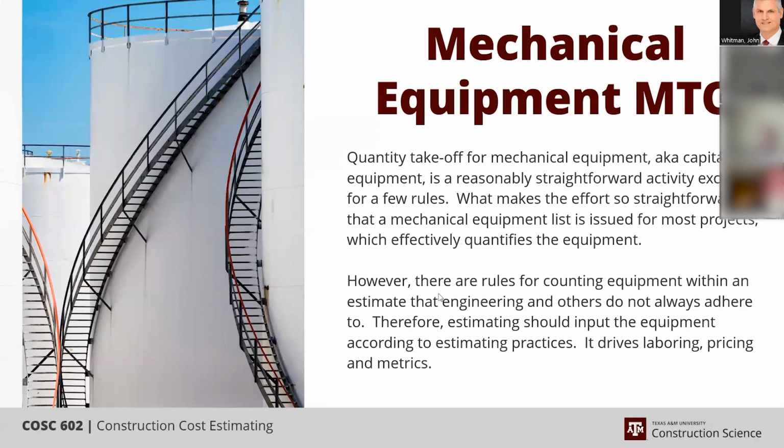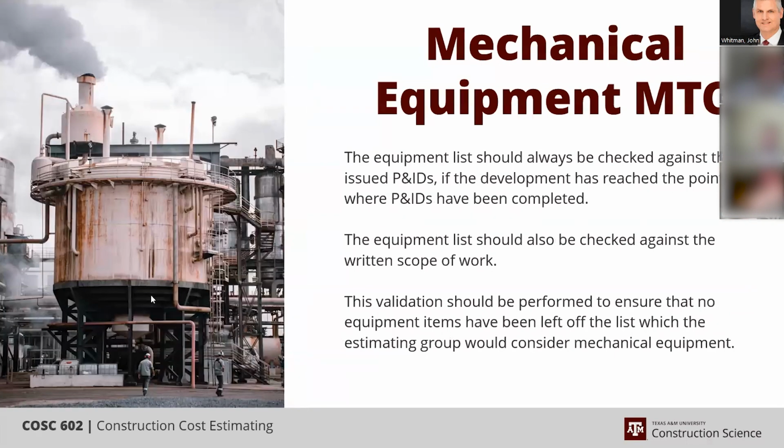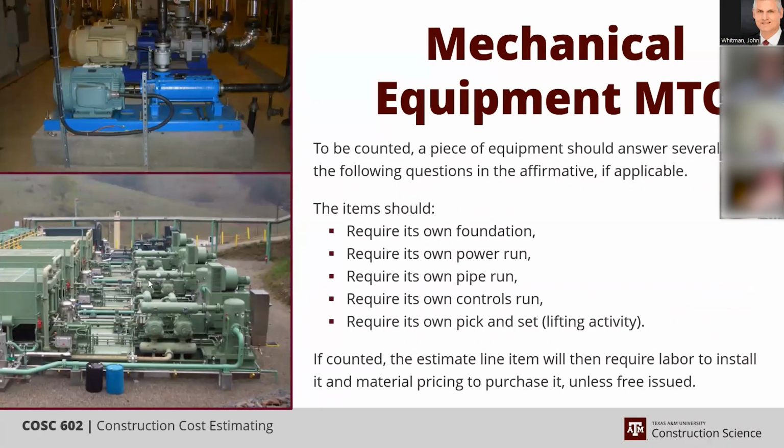Okay. Now this differs because this is industrial mechanical equipment. When I talk about equipment, I'm talking about a tank just like this, or a clarifier just like this, or a pump like this, or a compressor like this. This is actually a reciprocating compressor right here with a fin fan air cooler behind it.